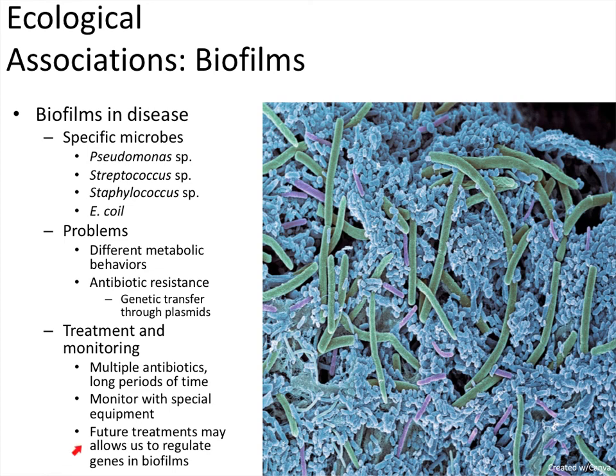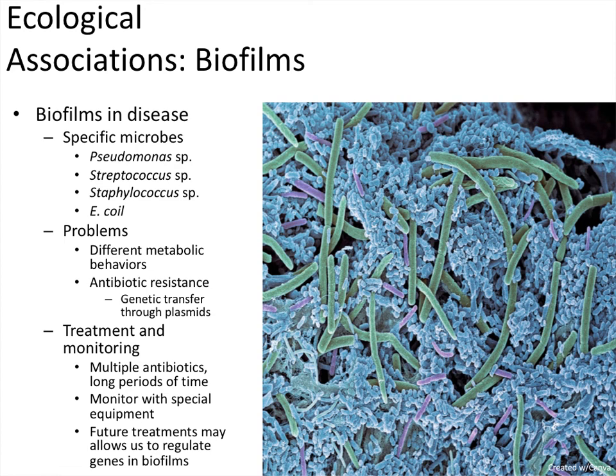Ideally, in the future, we will be able to regulate these biofilms with different types of treatments. Our normal antibiotics, or at least the standard ones that we have now, work in ways such as trying to stop protein production or interfere with the cell wall and things like that. And that is great for many types of infections, but not as great for biofilms. It just doesn't work as well.